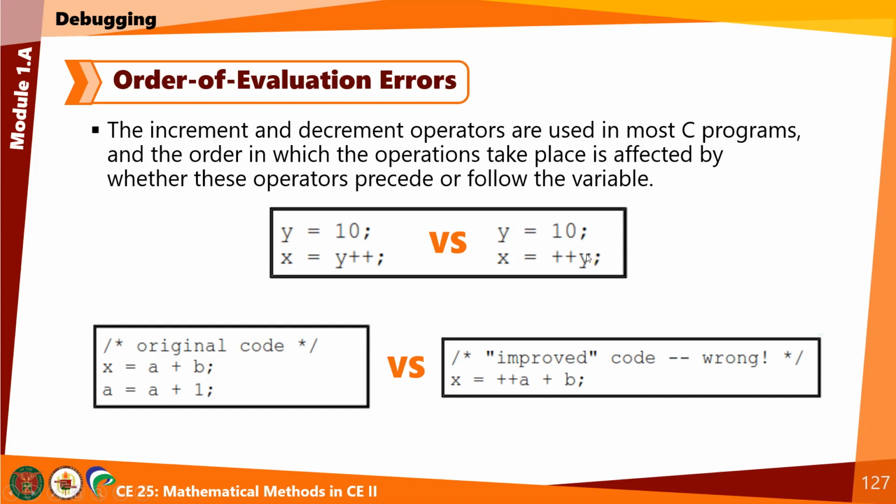So, ano yung ginawa dito? So, as you can remember from our last discussion, if post increment, so after this line lang magte-take effect yung plus plus y. However, here, what's the value of x?